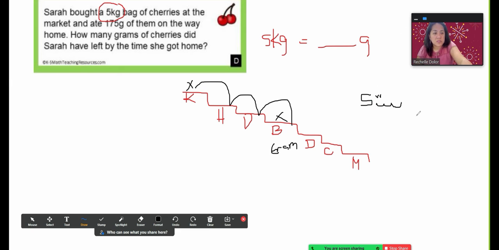Oops, not writing it down. So 5,000. So I have here 5,000. Okay, next. Okay, at the market and ate 175 gram of them on the way home. How many grams of cherries did Sarah have left?